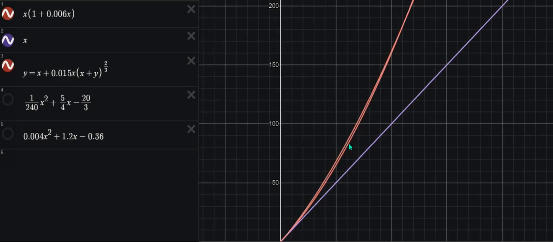So I thought, okay, this formula kind of resembles this formula, and this is a quadratic expression. So what if I could prove that a should be very close to 0.006. So I said, okay, let's consider this function x into (1 plus ax), and let's see if this function resembles this equation.